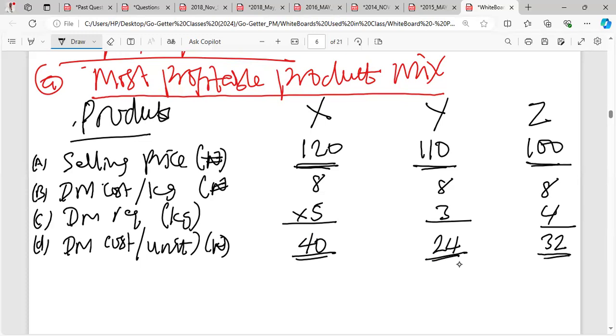So this is the direct material cost per unit.